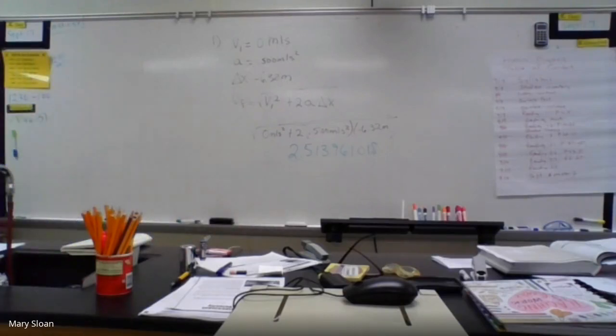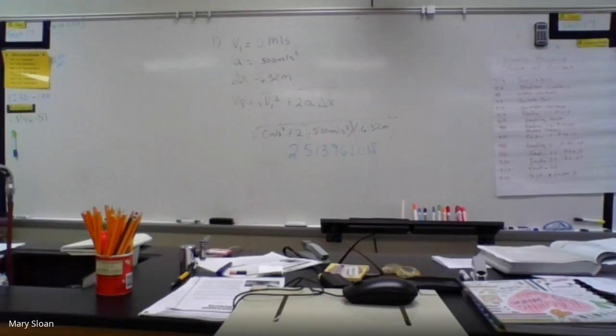Jordan, did you get it? Mine is not working. Yeah, me too. I'm tired of error coming up. Well, don't do the zero squared. So I just did plus 2, open bracket, 0.500, close bracket, open bracket, 6.32. See, you didn't put a negative. That's what I was doing.